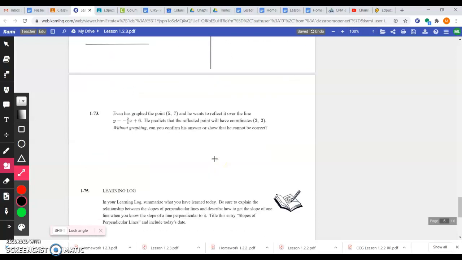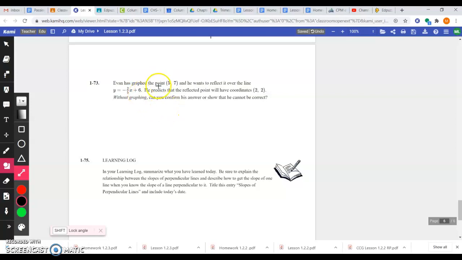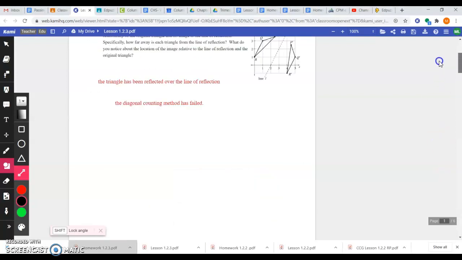Okay. Lastly, last problem, you have this point 5, 7, and he wants to reflect it over this line, negative 2/5 x plus 6, and he predicts that the new coordinate is going to be 2, 2. Without graphing, how can you confirm the answer? I'm not going to graph it, but I am going to bring you back to the first problem to see this.